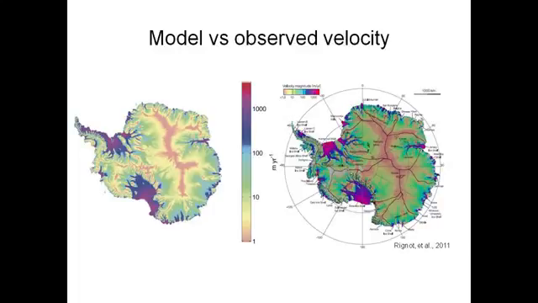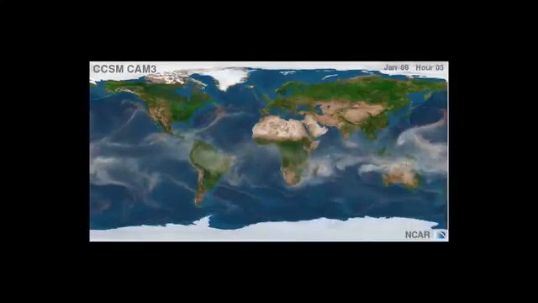So we take these models, and one thing, just so that you know how we might drive these models, what you tell them about future climate, we use the state-of-the-art climate models that we use to do these future projections of what climate is going to be like.